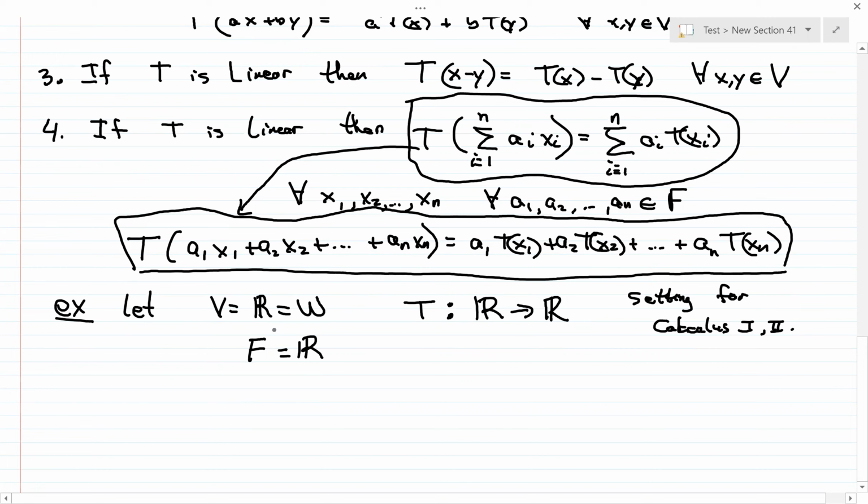Okay, so now here's my question. What do linear functions as defined above, well, maybe we should say linear transformations, sorry, look like? We're not using linear functions, we're using the word transformation because it has more properties.